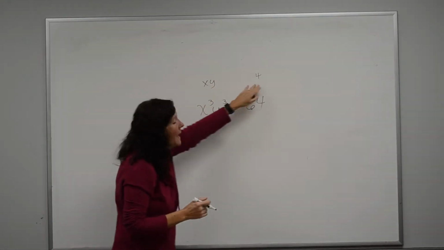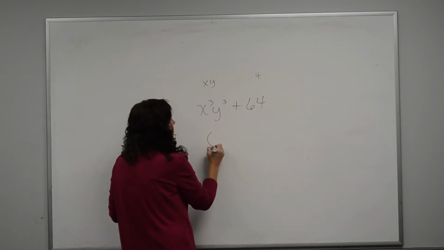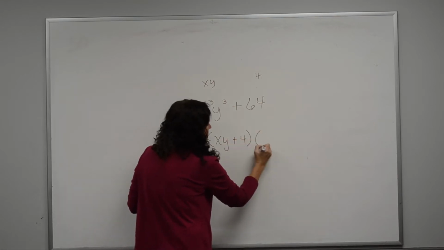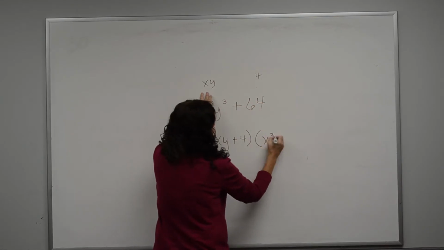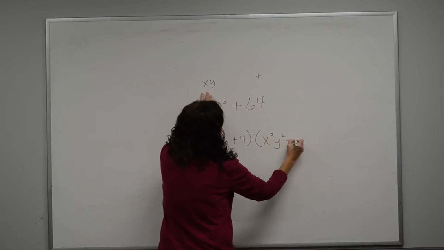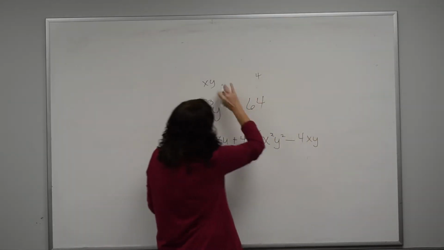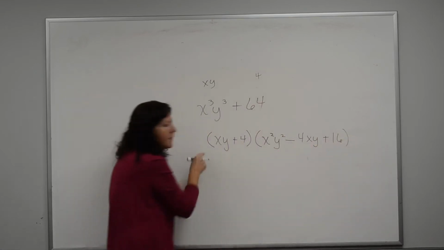Okay, so what I do, if I have a plus between them, then I just add the cube roots together, and then I multiply the square of that minus these two things multiplied together, and then I square that every single time.